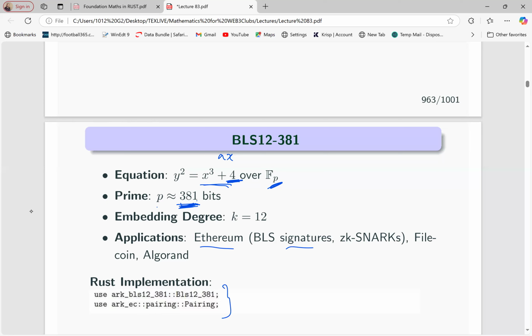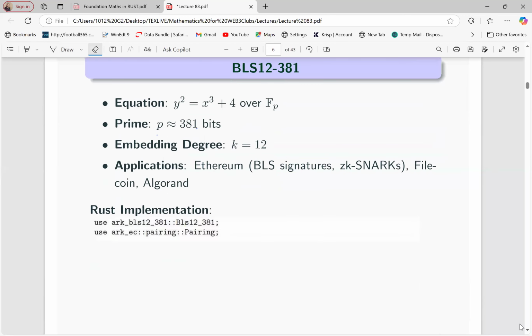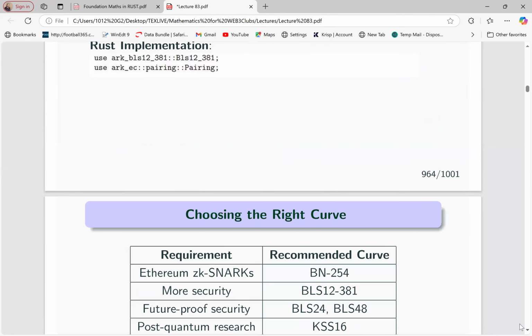For you to implement this, you must add and import these libraries into your code. So these are the most popular elliptic curves.